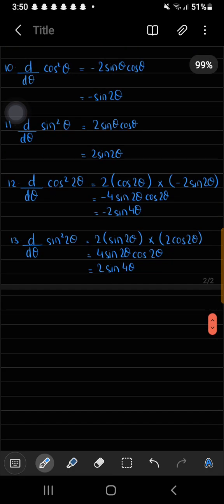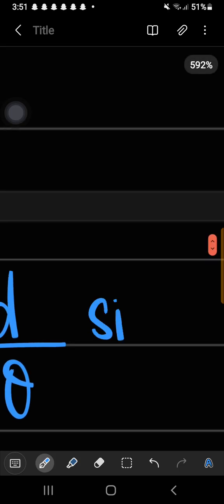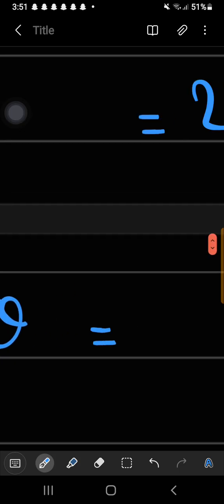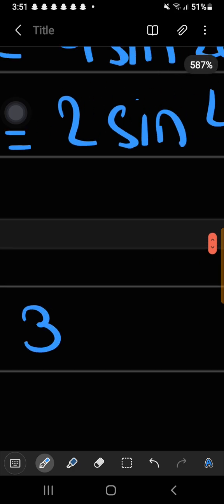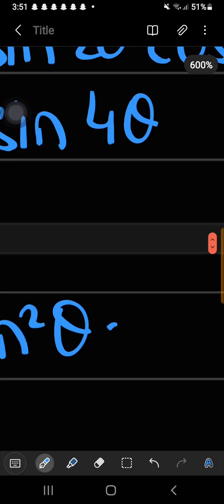Now 3 more properties here. 14th is d over d theta of sine cube theta is equal to 3 sine square theta cos theta.